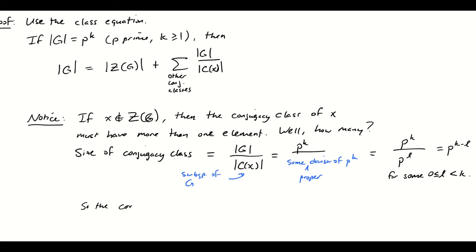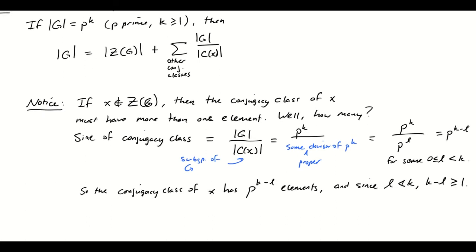So the conjugacy class of x has p to the k minus l elements, and since l is less than k, that means k minus l has to be at least 1. Okay, so that means that the conjugacy class of x has some power of p elements, and that power of p has to be at least p to the first.